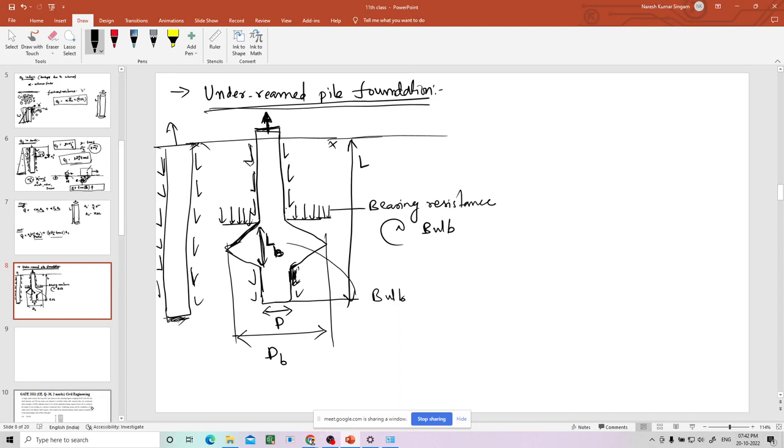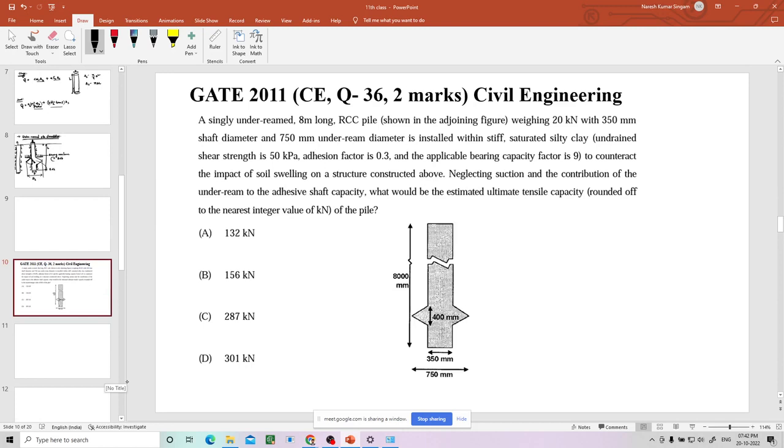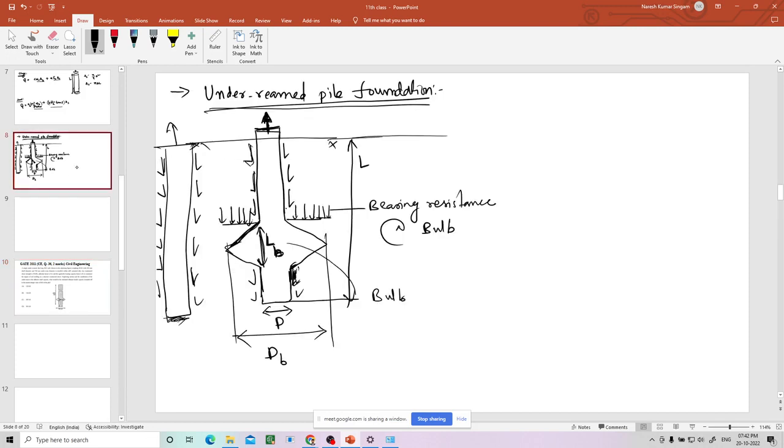Just a minute. Let me check the question. See, if they are telling you to neglect the frictional resistance at this portion, you can neglect it. But if they are not saying so, you have to calculate the resistance at this portion also. Resistance from the surface will come from this portion and this portion, not this portion.